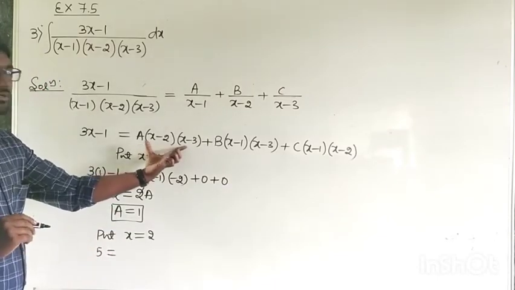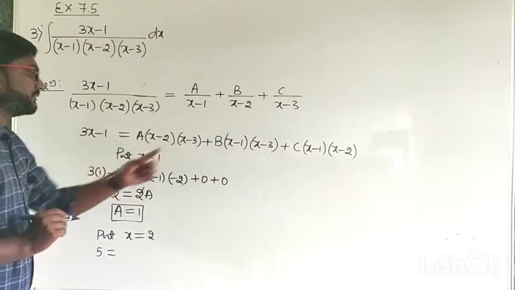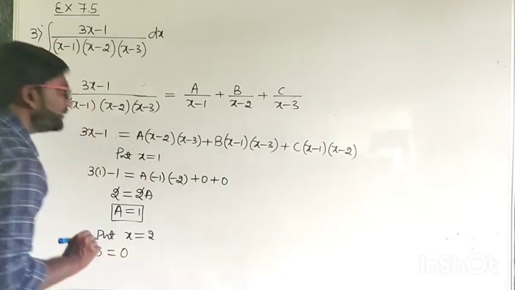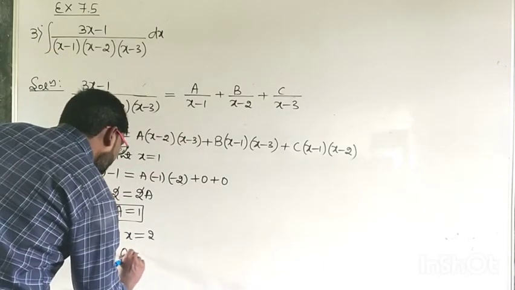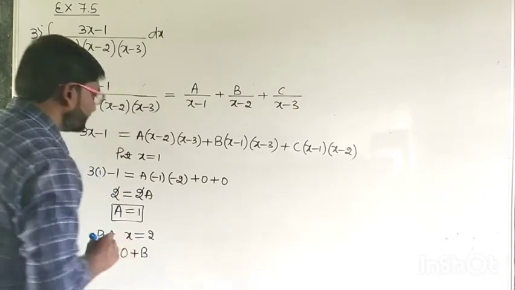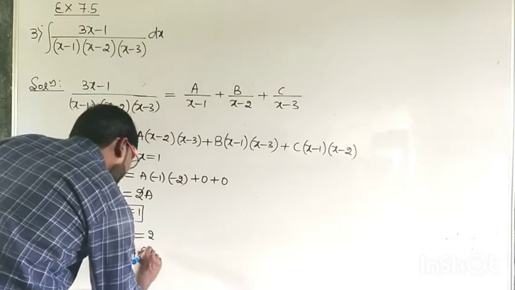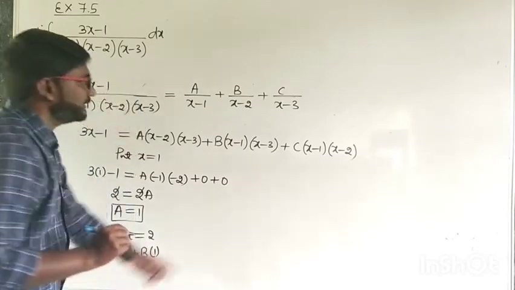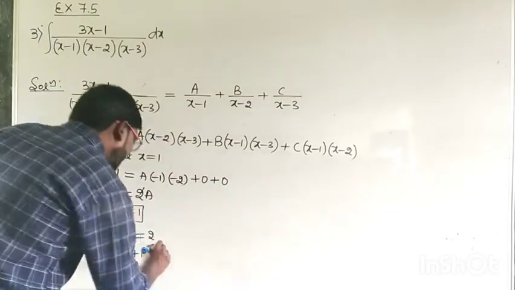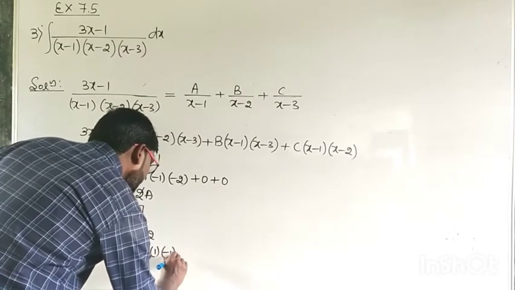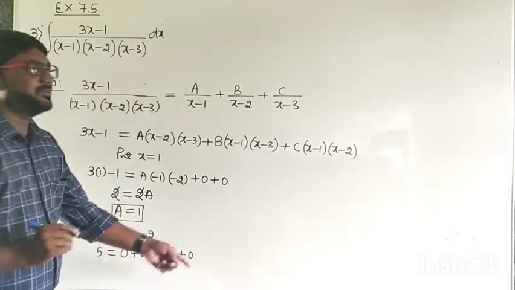This term will be 0 now. 2 minus 2 is 0, the entire term becomes 0. 0 plus b into (2 minus 1), which is 1. I write 1 as it is. Then 2 minus 3 is minus 1. Plus the last term, anyway it will be 0.